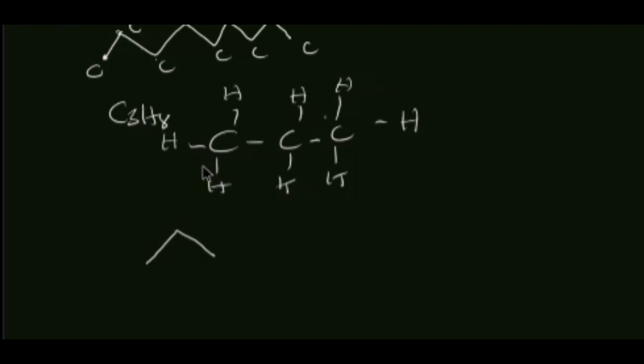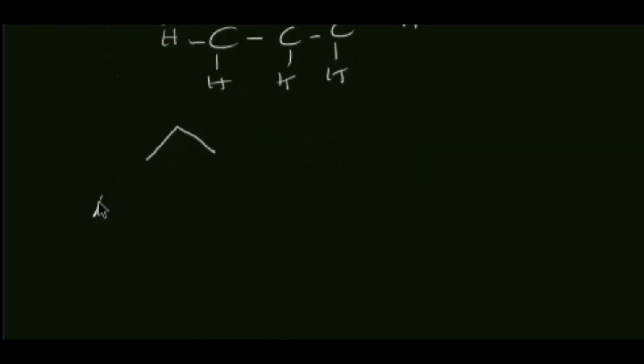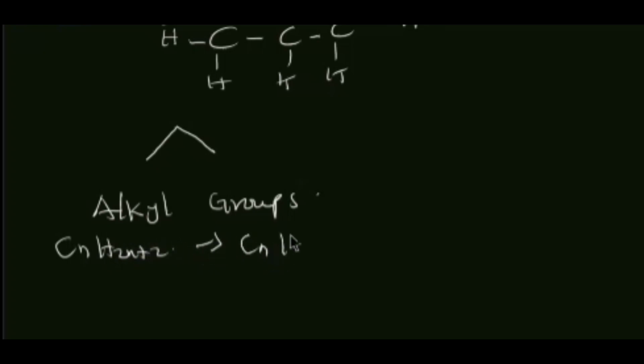In order for us to name branched alkanes, we need to know what we call the alkyl groups. What's an alkyl group? Alkanes, as I said, are generally represented as CnH2n+2. An alkyl group is formed by removing one hydrogen from an alkane, and you are going to get CnH2n+1.